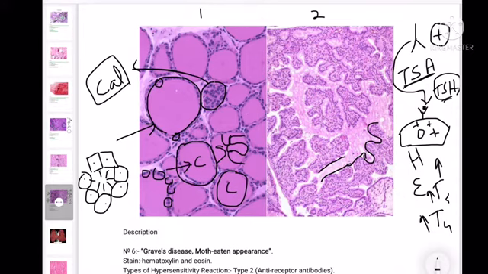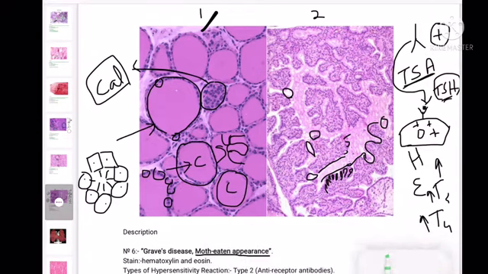That causes the gland to form a structure like this, not like this one. Along with that, another finding is whitish vacuolar areas just near the follicles inside the colloid. These are called the mouth-eaten appearance, and mouth-eaten appearance is classical, specific for Graves' disease.